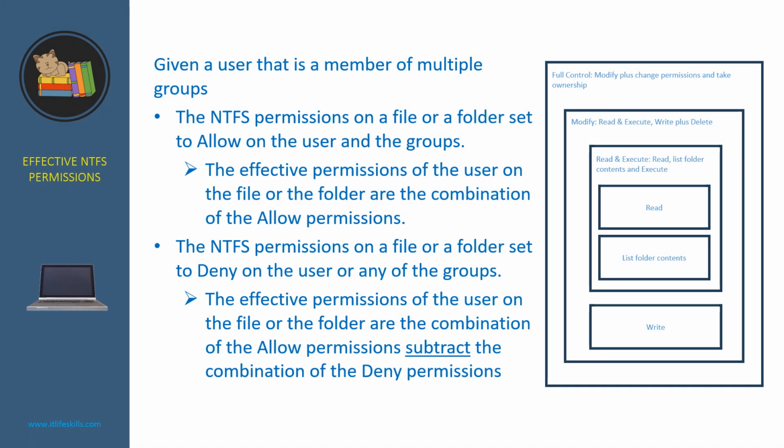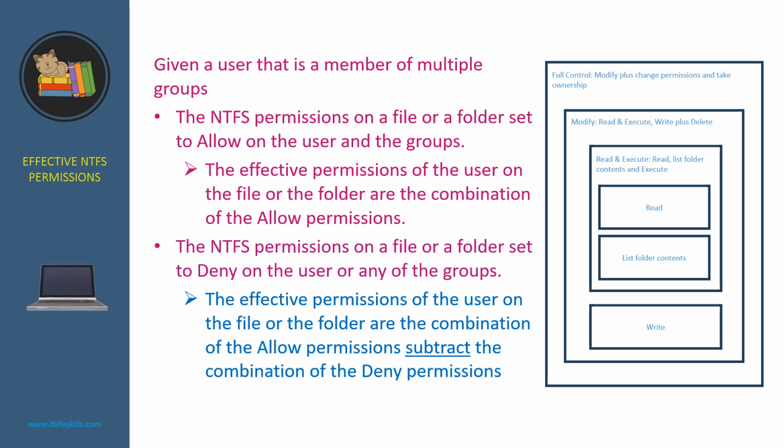Let's now figure out the effective NTFS permissions. When a user is a member of multiple groups and the NTFS permissions on a file or a folder are set to allow on the user and the groups, the effective permissions of the user on the file or the folder are the combination of the allow permissions.